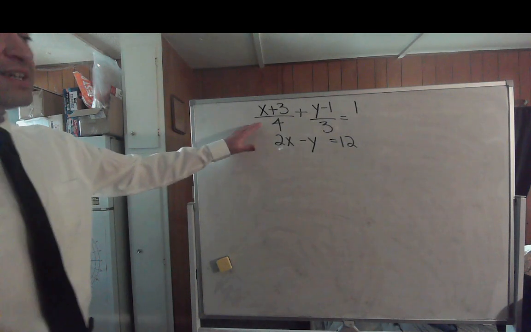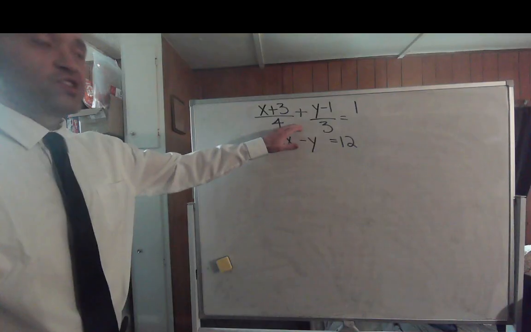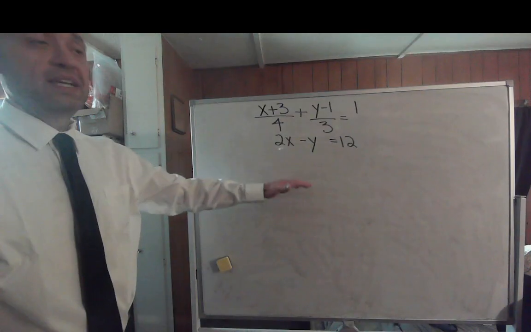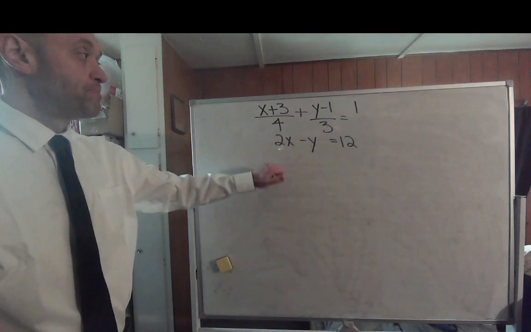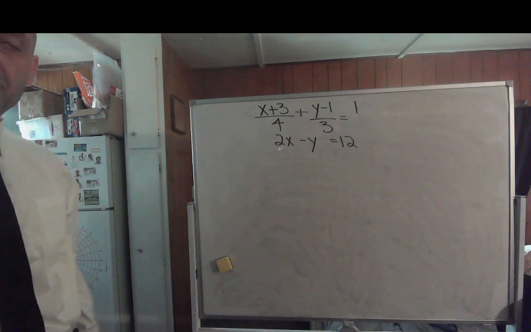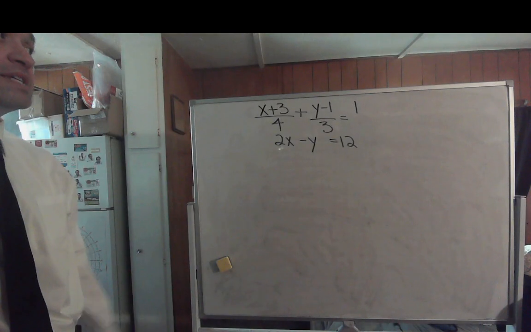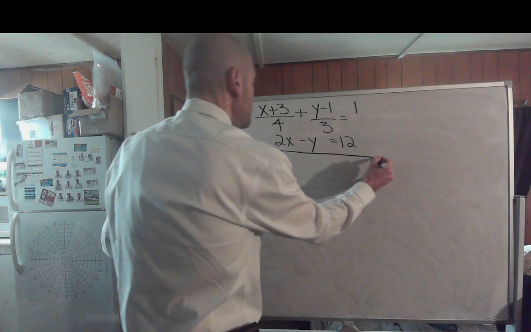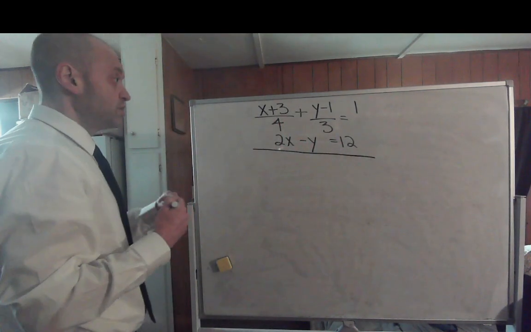So we have a little bit harder fractions to deal with, but the goal is still going to be the exact same idea. In the top equation, you have denominators of 4 and 3, so that means your least common denominator is going to be 12. So multiply the entire first equation by 12.